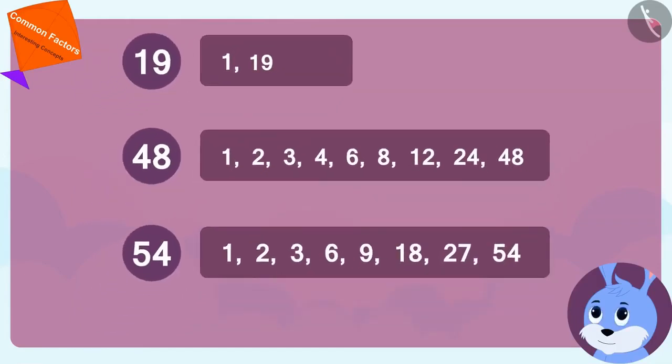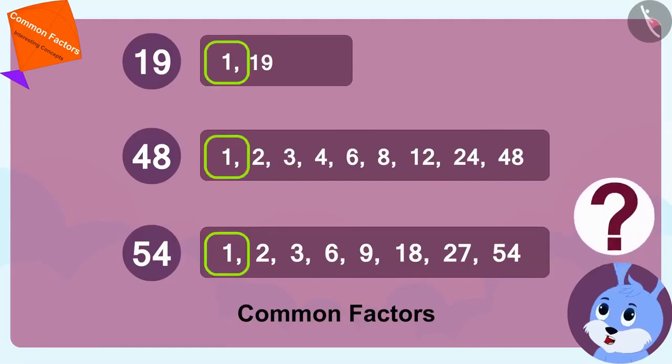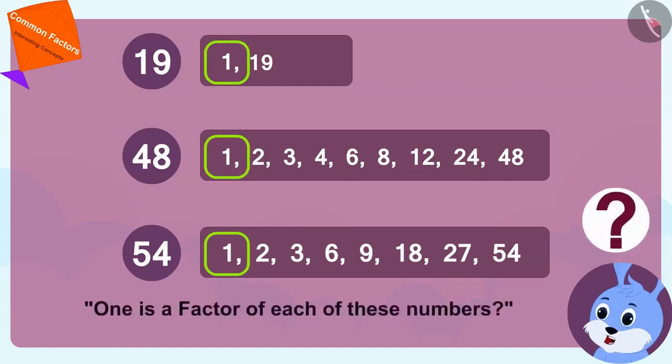Now, Bunny is trying to find the common factors of these numbers. Bunny is thinking, there is only one common factor of these numbers: 1. How can it be possible that 1 is a factor of each of these numbers?